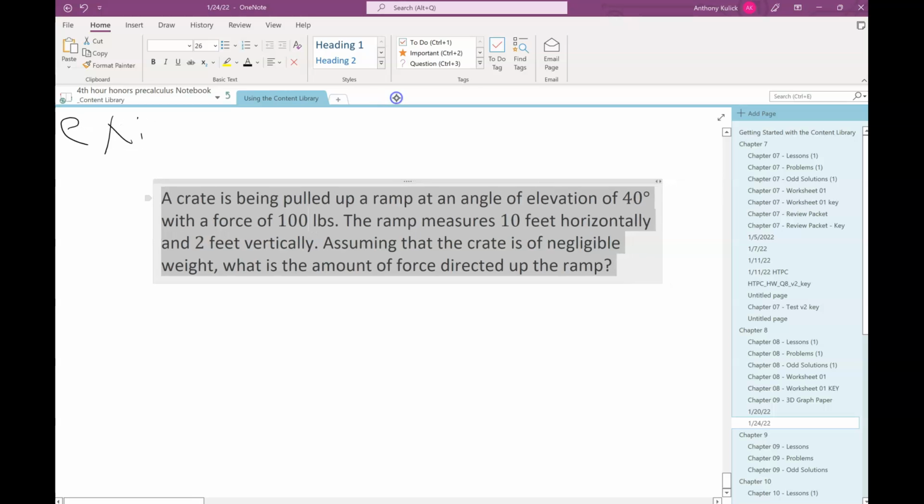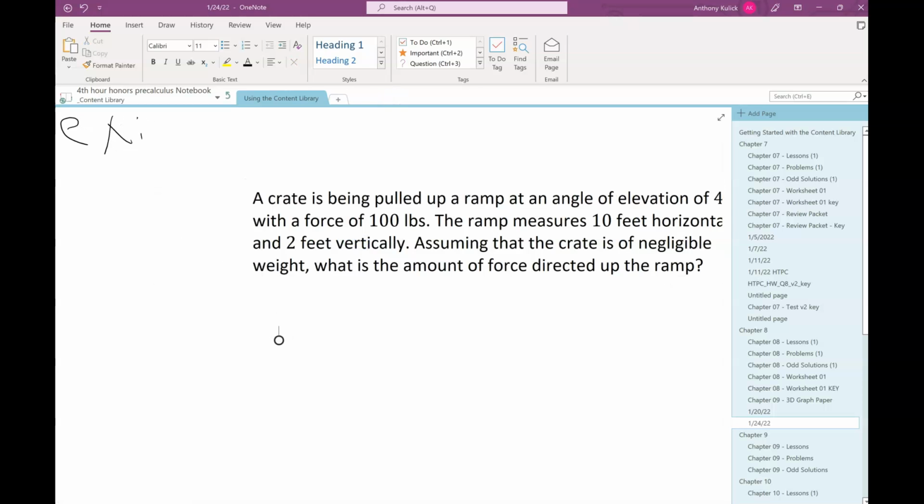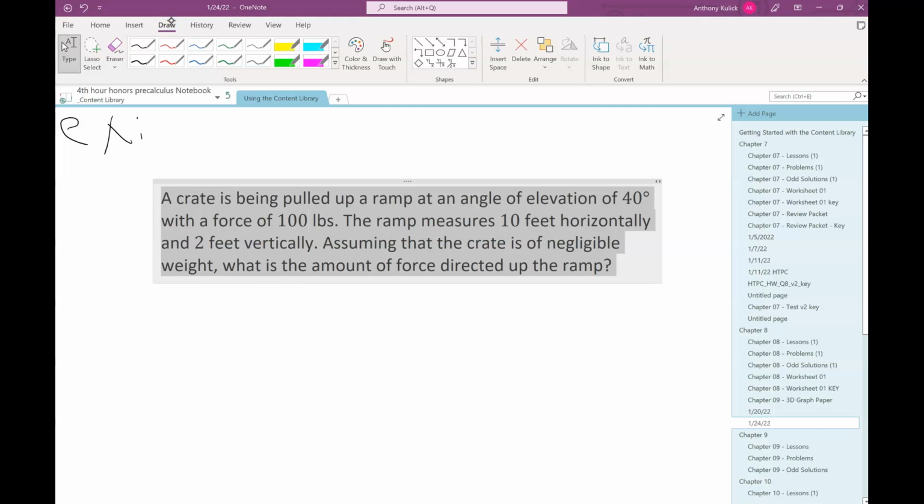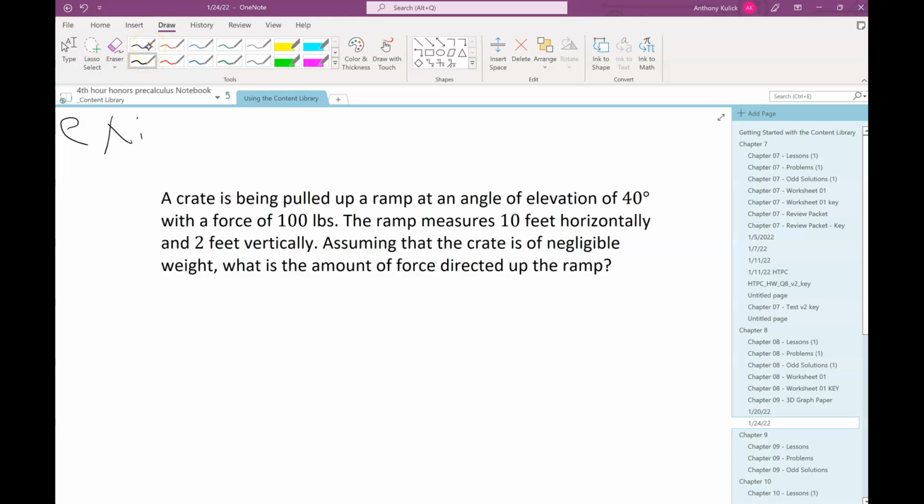All right, so here we have a crate being pulled up a ramp at an angle of elevation of 40 degrees with a force of 100 pounds. The ramp measures 10 feet horizontally and 2 feet vertically. Assuming the crate is of negligible weight, what is the amount of force directed up the ramp?